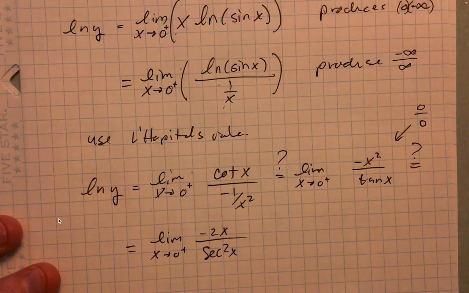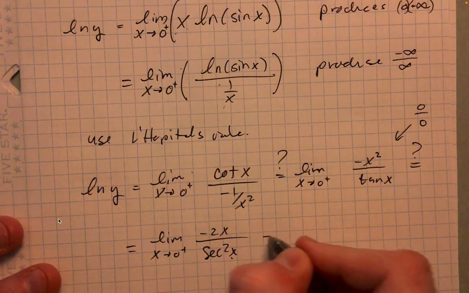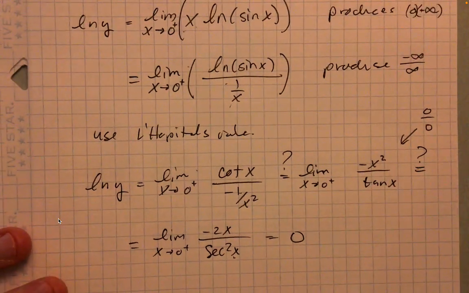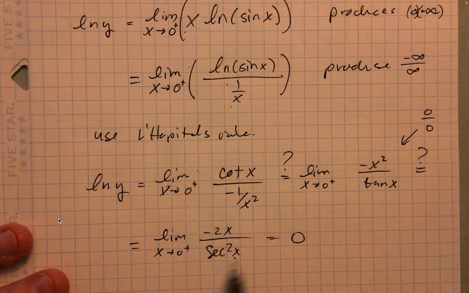And what do we get here? This is going to be 0, perfect. Because this goes to 1 and the top goes to 0, so it's 0 over 1, so 0.